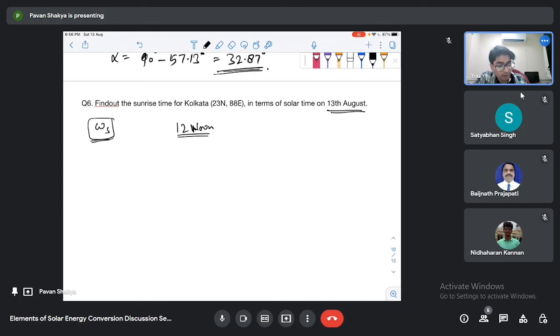The formula for omega s I have shown you in the above problems also: omega s is equal to cos inverse of minus tan latitude multiplied by tan of declination angle, if there is no tilt.